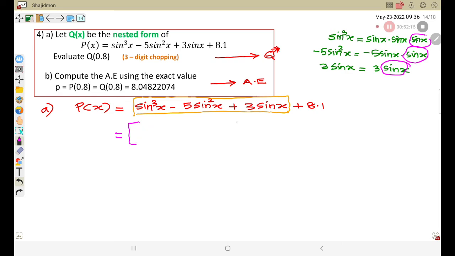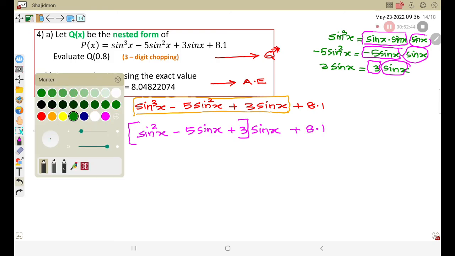What will be the balance inside? Sin x multiply sin x is sin square x, minus 5 sin x, and plus 3. Plus 8.1 is the same.